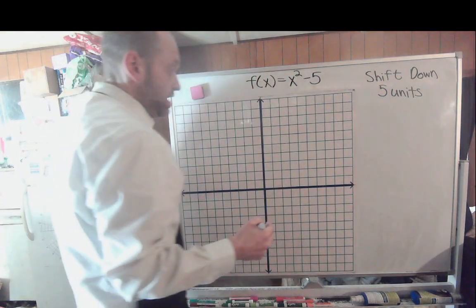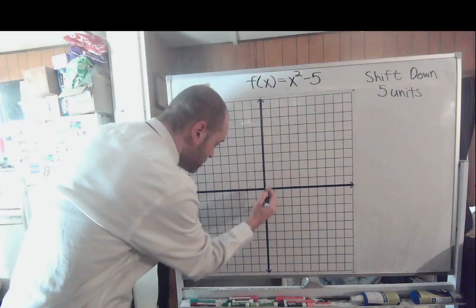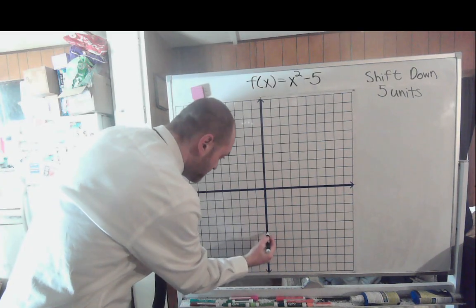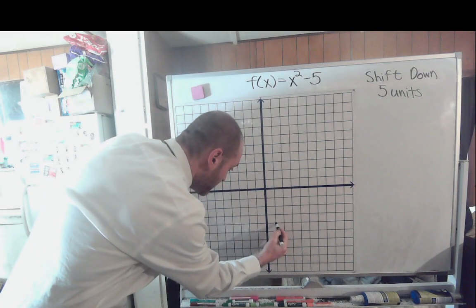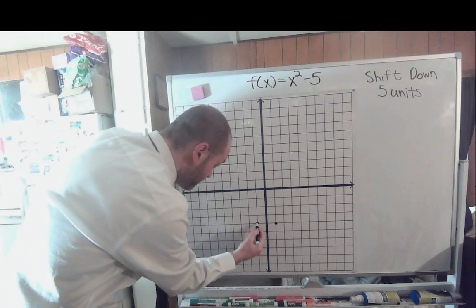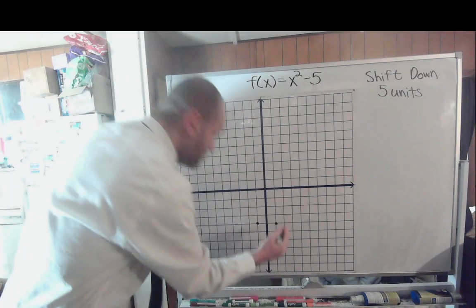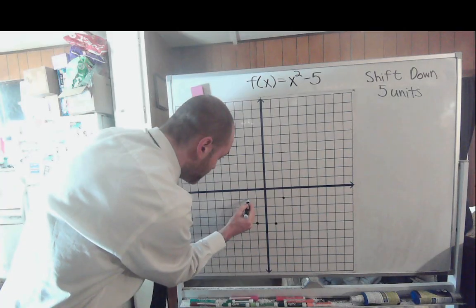Which means then when x is 0, I'll get negative 5. When x is 1, I'll get negative 4. When x is negative 1, I'll get negative 4. When x is 2, I would get negative 1. When x is negative 2, I would get negative 1.